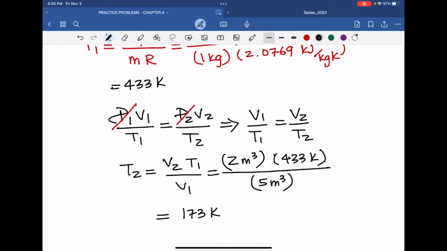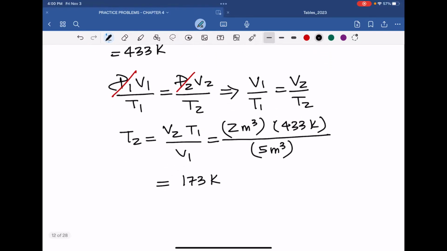Very good. We just know the temperatures now at the first and the second state. What are they? And all we have to do is now calculate the boundary work. Since that is a constant pressure process, we can calculate it from this relation. And the pressure is 180.